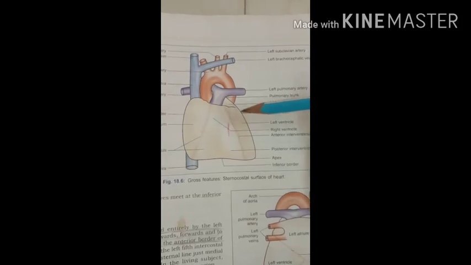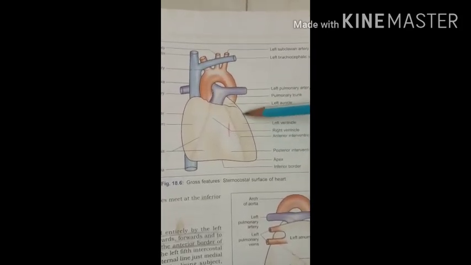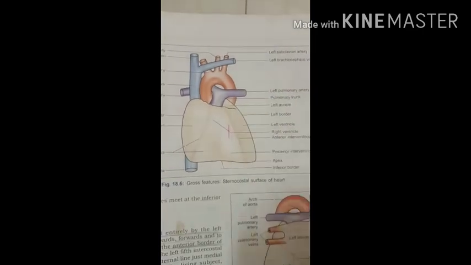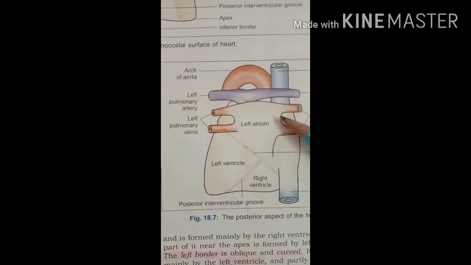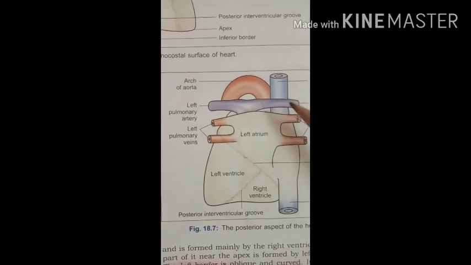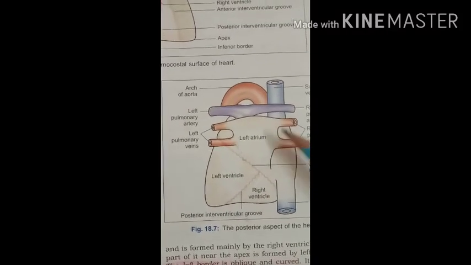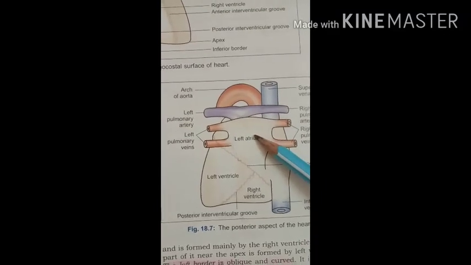Then the left atrium is not present anteriorly, but actually it is present on the posterior part of the heart. So in another diagram you can see the left atrium present on the posterior side, and from this the four pulmonary veins come out.